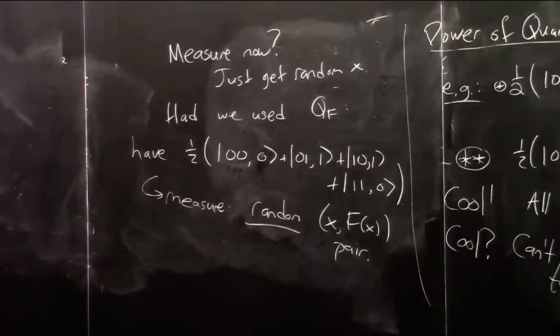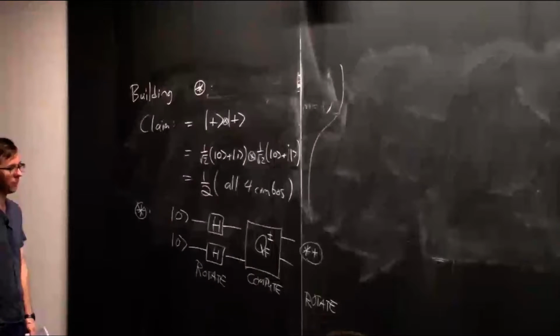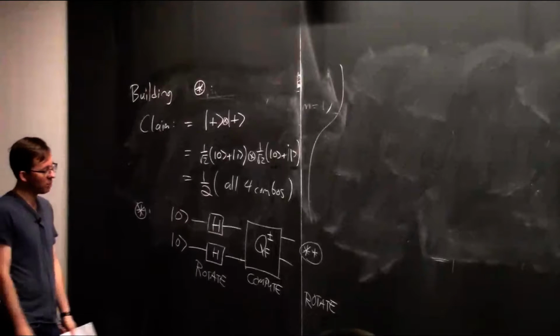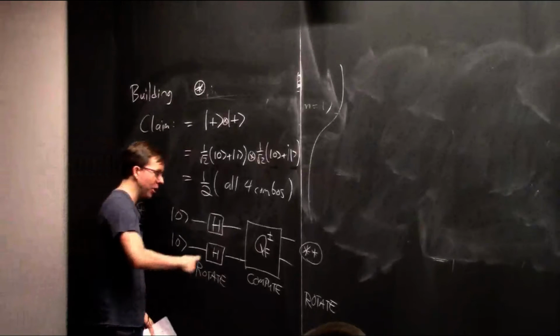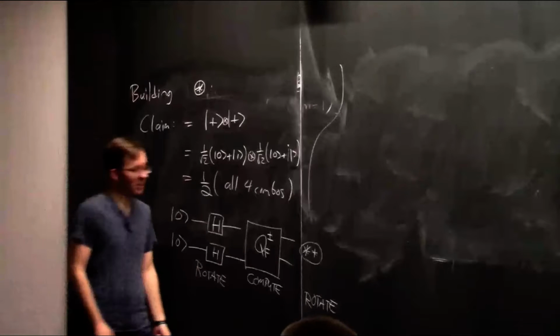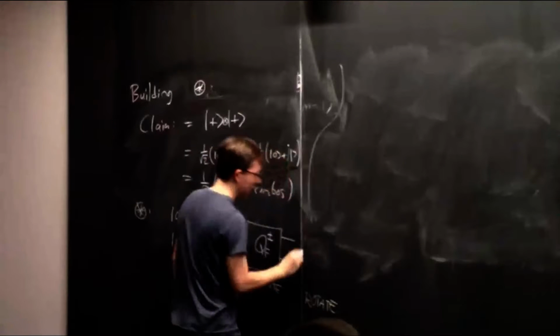We compute our classical circuit. But we didn't do the last rotate yet, right? We've got to rotate, compute, rotate. That's what we learned from Simon back in lecture 1 and lecture 2. And so what do I mean by this? Well, to make it interesting, we should do this again. Okay, so let's do that.